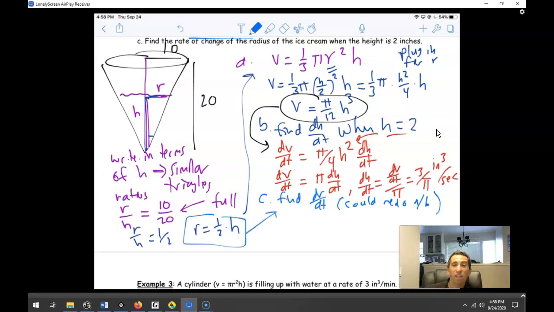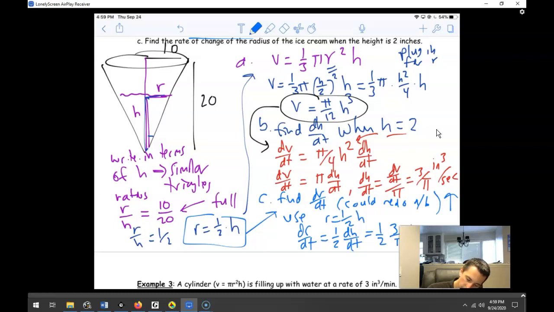You can use any equation that relates the quantities. So I can use r equals 1/2 h. That means my dr dt is always just going to be half of dh dt, just taking a derivative of that, which means it's half of the answer I got in this part right here. So half of 3 over pi, and that'll be inches per second.